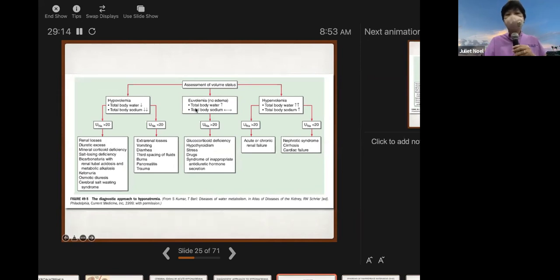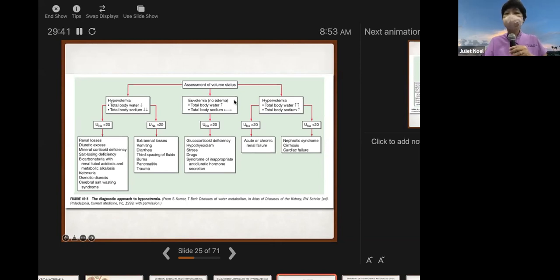Whereas in euvolemia, you have a normal body sodium, a higher total body water, but no signs of edema yet. In hypervolemia, you would see signs of volume overload, so you would have higher total body water and high body sodium.